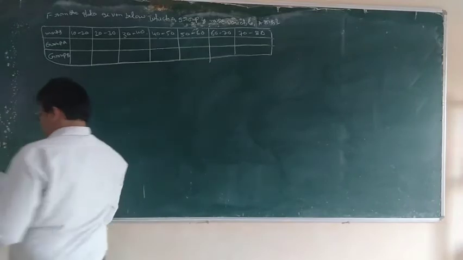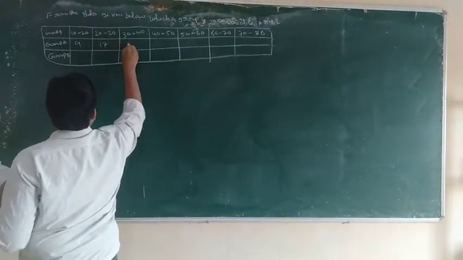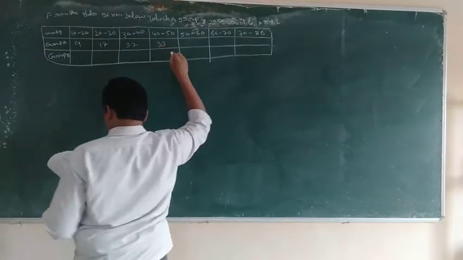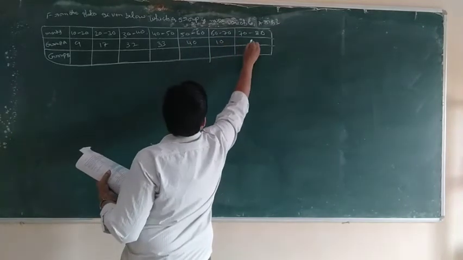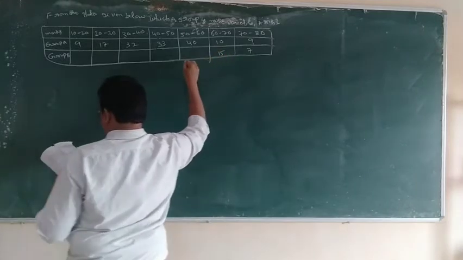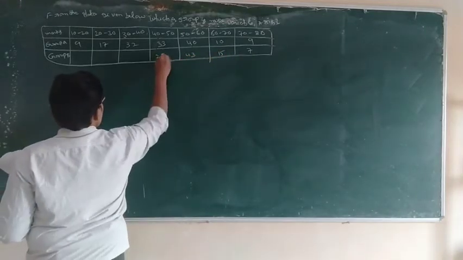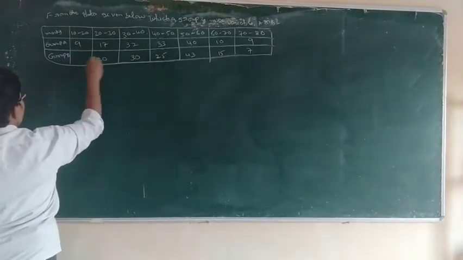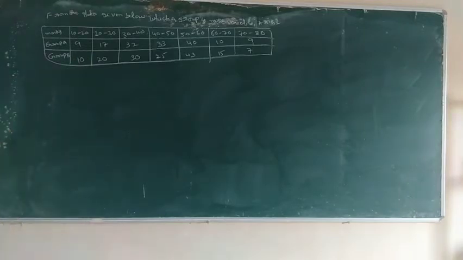Group A: 9, 17, 32, 33, 40, 10, 9, 7, 15, 43, 25, 30, 20, 10. This is the problem.